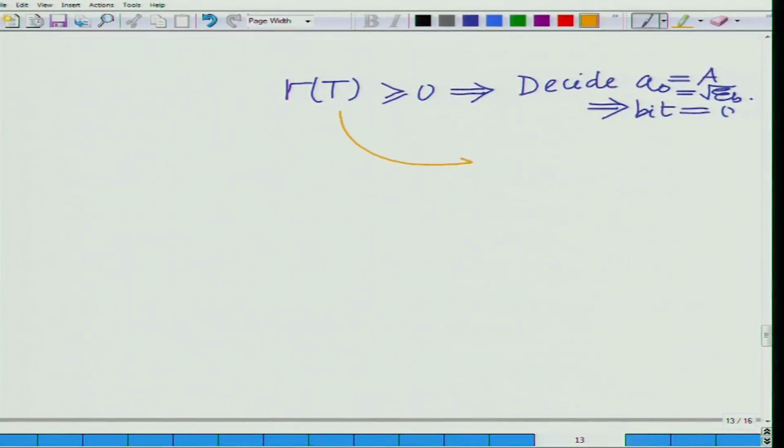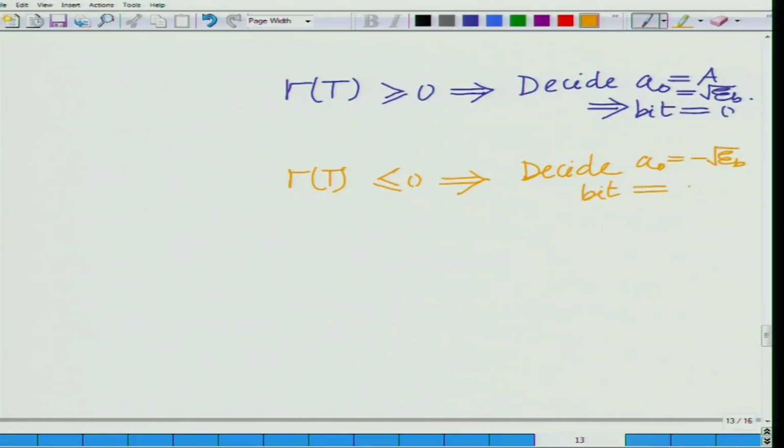If R t is less than or equal to 0, this means decide A naught equals minus square root of E b, or bit is equal to 1.